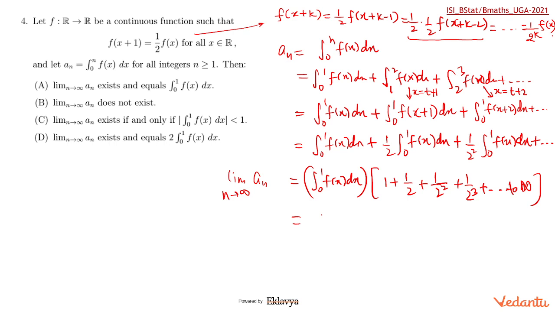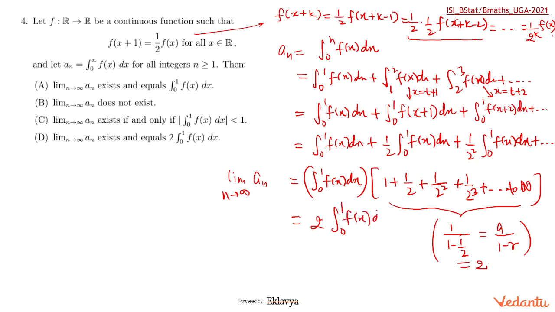This sum is what? It is 1 upon 1 minus 1 by 2, since a upon 1 minus r is the formula for the sum of an infinite GP. And that becomes 2. So the answer finally to this question should be twice the integral 0 to 1 of f(x) dx, and that is given in option number D. So the fourth answer is D.